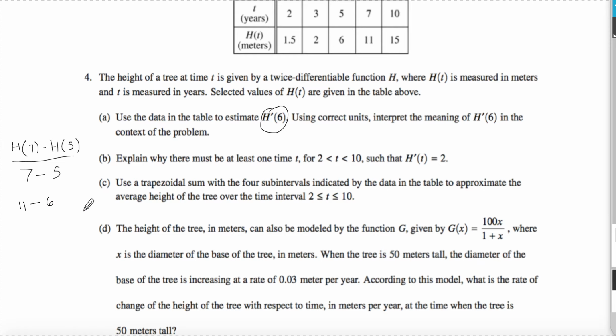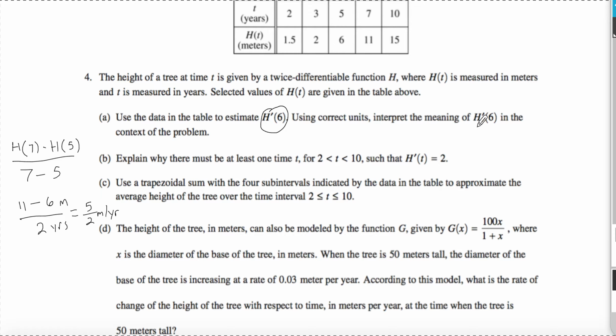And the units there, we'll go ahead and put those on so they indicate we need units as well. 11 minus 6 meters over 7 minus 5 is 2 years. So that'll give us 5/2 meters per year. So that works. So there, we use the data to estimate the derivative. That's 1 point for getting this estimation here, 5/2.